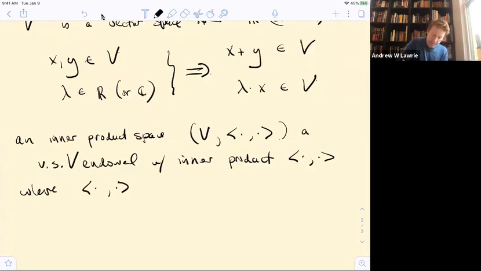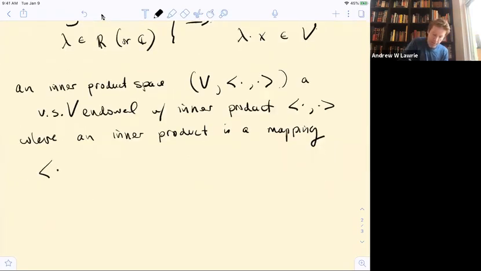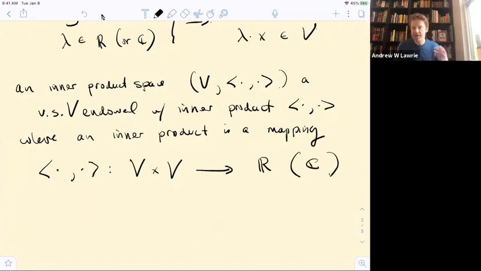The inner product is a mapping. The angle brackets with these dots are placeholders for the inputs into this function. It's a mapping from V cross V, so from two copies of V, to R or to C. For a vector space over C, the inner product will be allowed to take complex values. For a vector space over R, we're going to just allow our inner products to take real values.